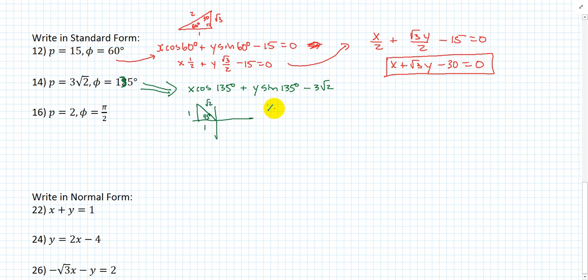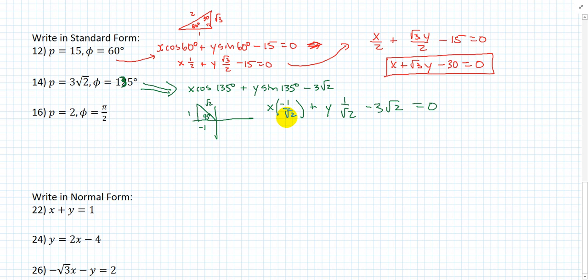So this will be x times cosine, that's what we just figured out. So cosine is negative, so that would be negative 1 over root 2 plus y, and then sine is 1 over root 2 minus 3 root 2 equals 0.